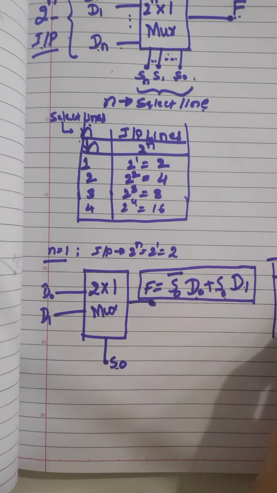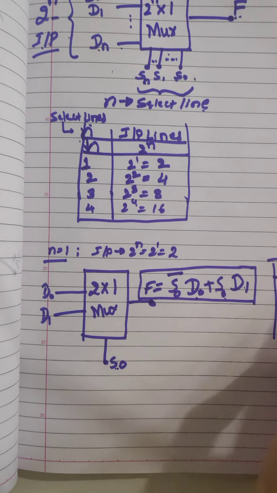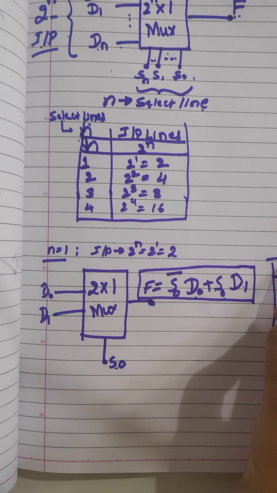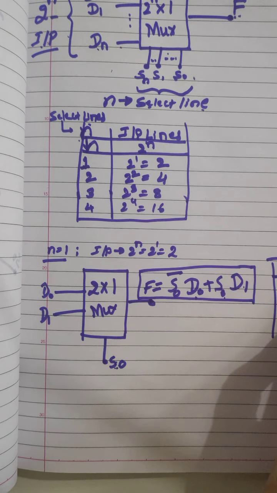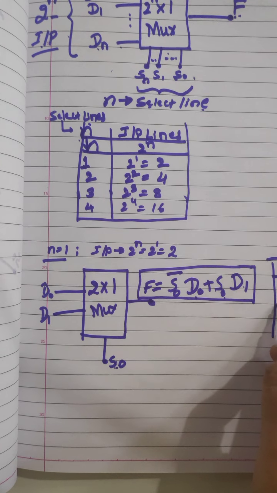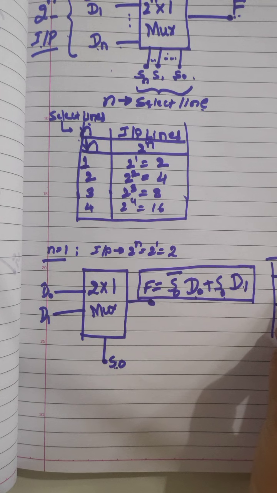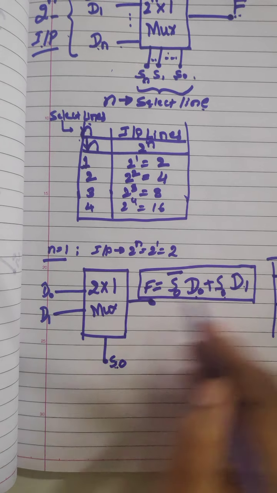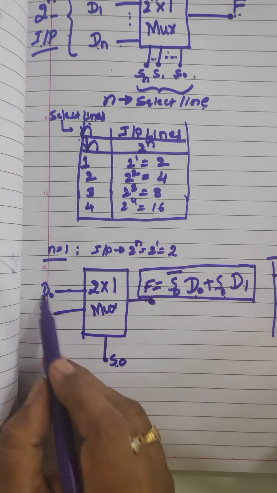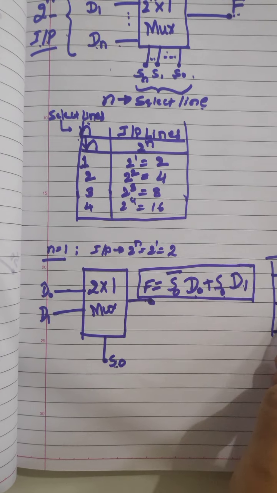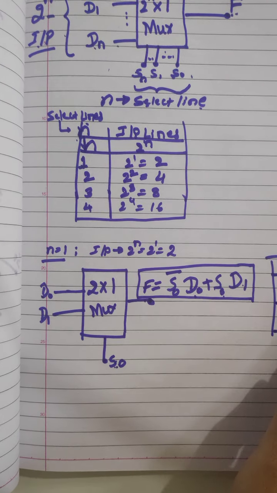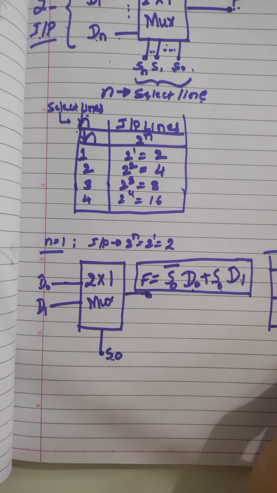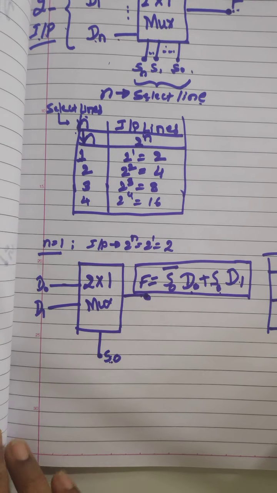The select line is S0. What is F? If the select line is 0, F will be equal to D0; at the output, D0 comes. If the select line is 1, F will be equal to the input D1.